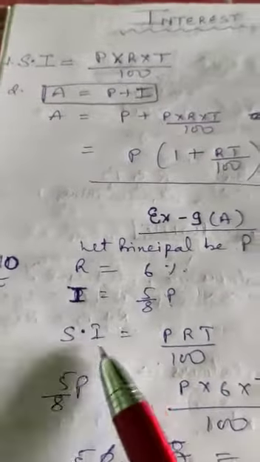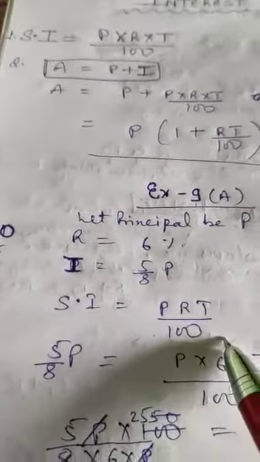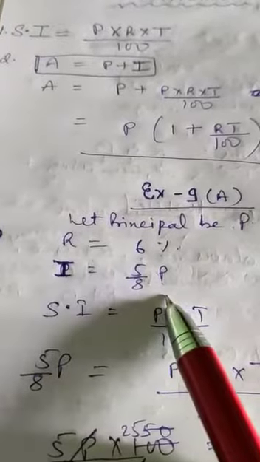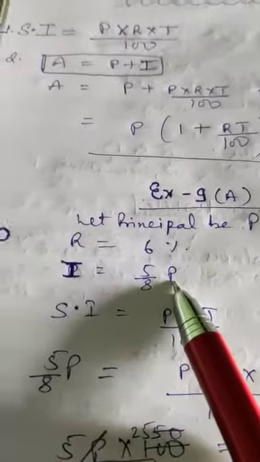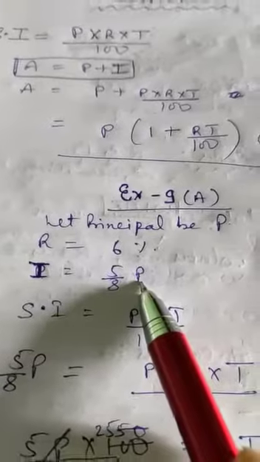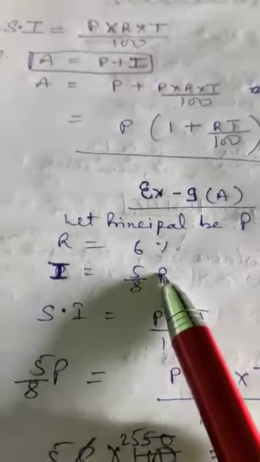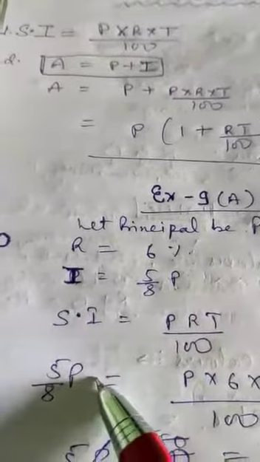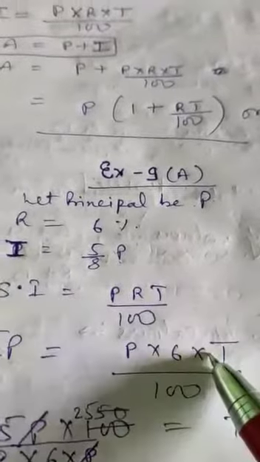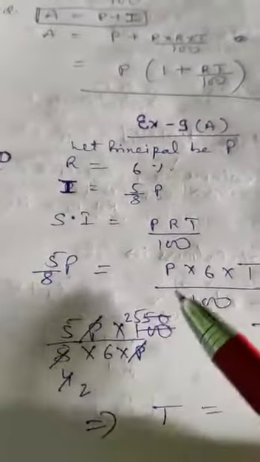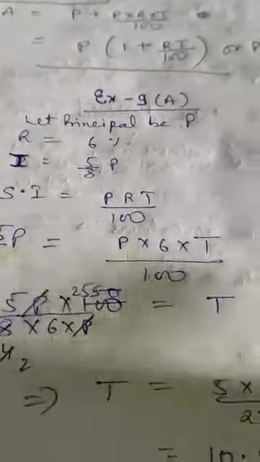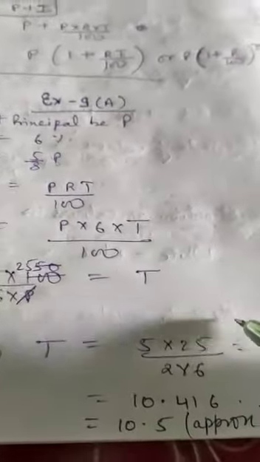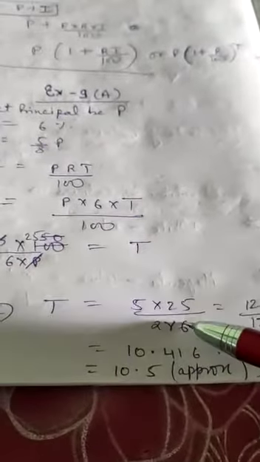Now put in the formula. Simple interest equals PRT by 100. Simple interest is 5 by 8 of itself, and itself indicates the principal P. So put 5 by 8 P as the interest, and in PRT the rate given is 6. Solve it, divide up and down, and you will get the time. 5 by 8 into 100 by 6 gives 125 by 12.